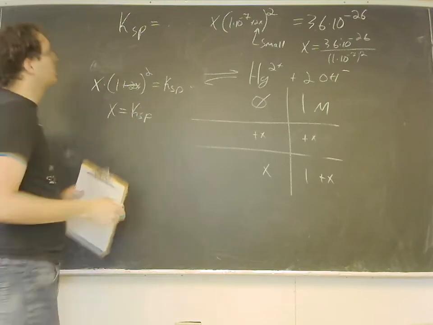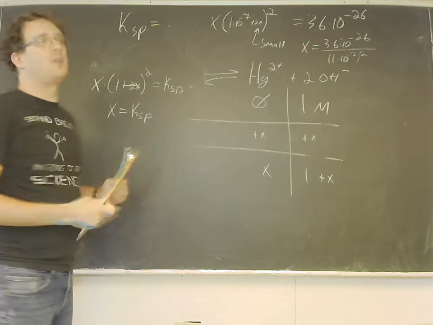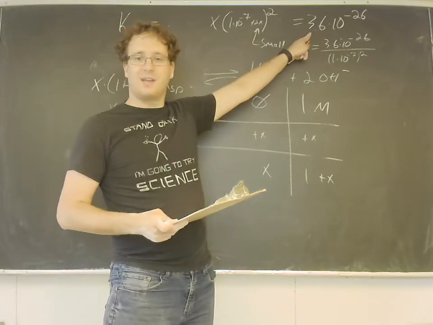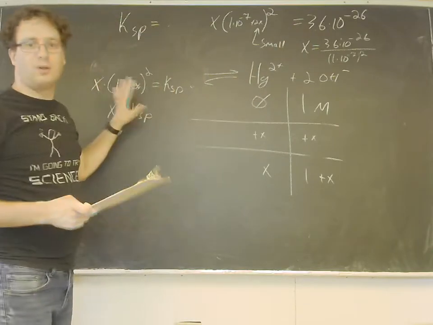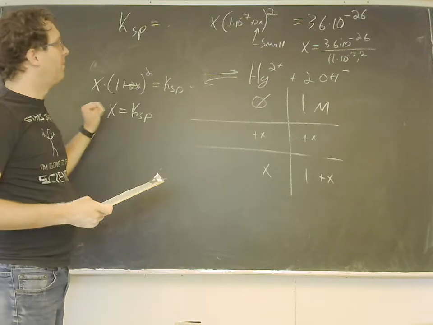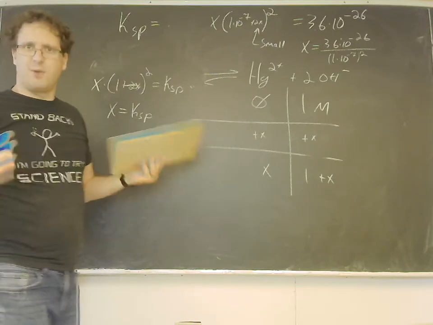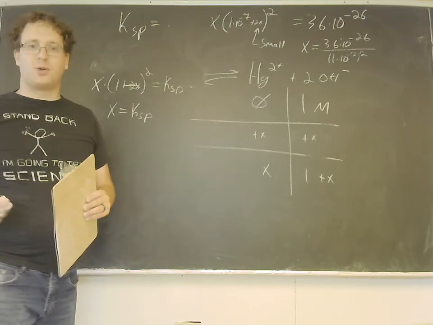The molar solubility of mercury 2 hydroxide in a solution of 1 molar sodium hydroxide is 3.6 times 10 to the negative 26 molar. It's going to be a very small molar solubility. And what if instead of 1 molar sodium hydroxide, we had 1 molar hydrochloric acid?